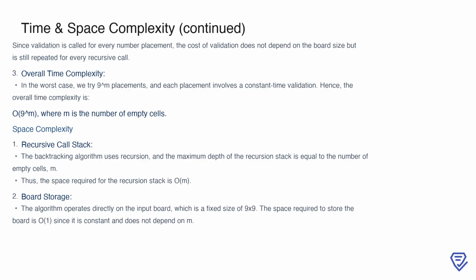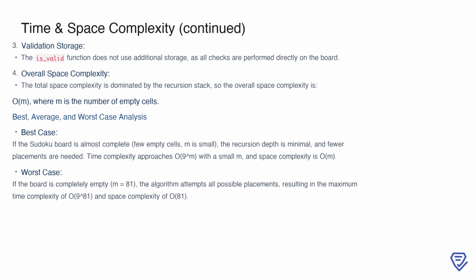This storage requirement is constant and does not depend on m, making it 1. Looking further into space complexity, the is_valid function does not require any additional storage because all its operations are performed directly on the board itself. With this in mind, the overall space complexity is dominated by the recursion stack, resulting in m, where m is the number of empty cells.